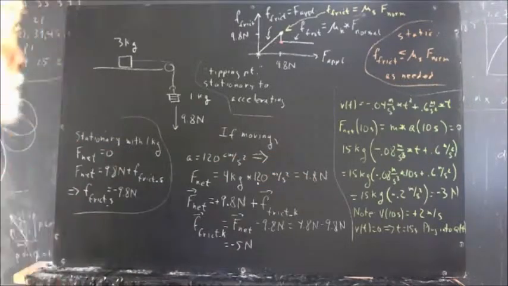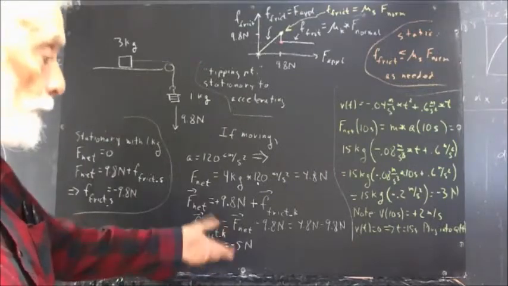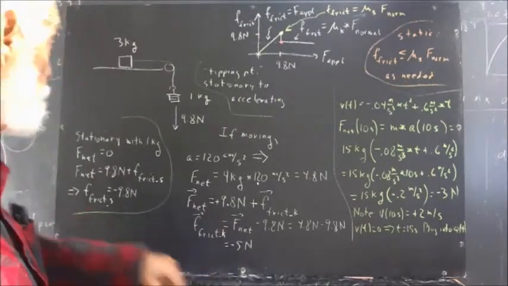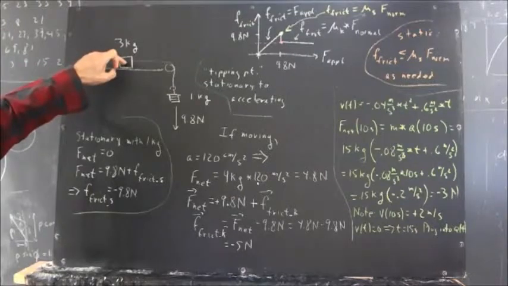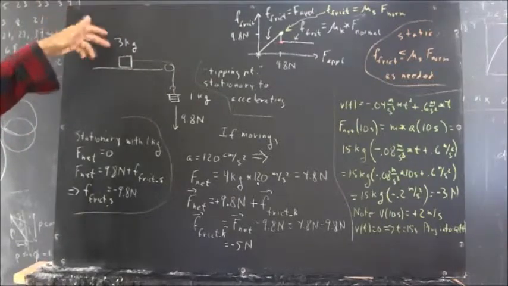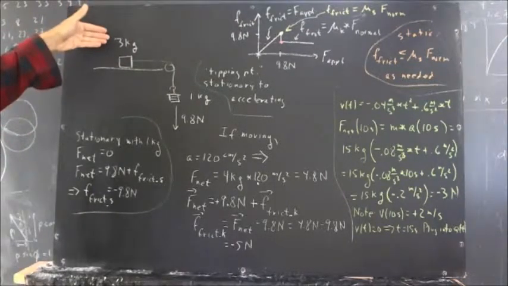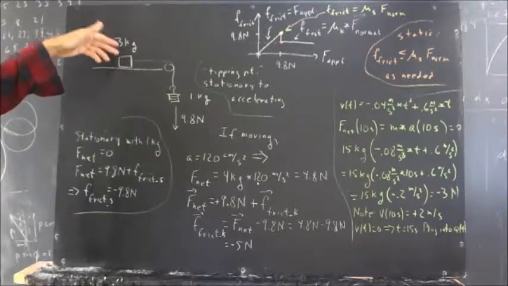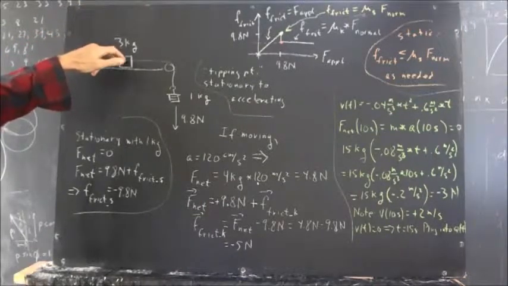And we could calculate the coefficient of kinetic friction by dividing the 5 newtons we have here by the 29 newtons approximately, so approximately a 30 newton weight of the mass here.